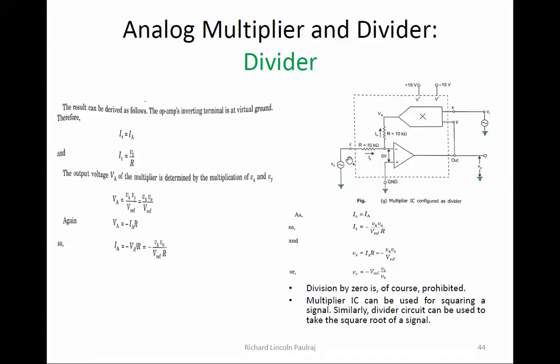So whatever is my current across this terminal here, I have noted this point as Z. So this Iz, the current across the Z, is equal to Ia, right? So which means this is across the output of my multiplier. Now Iz is equal to Vz by R, where R is equal to 10K.